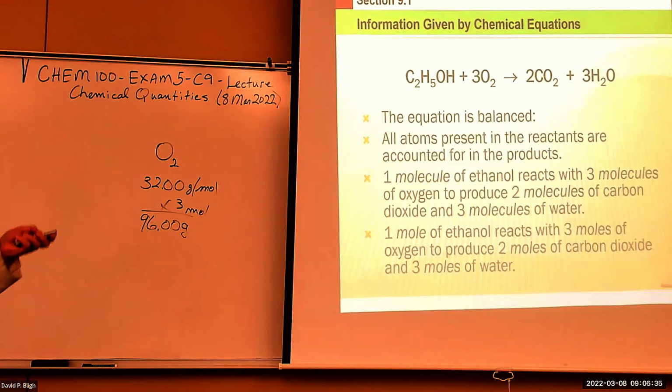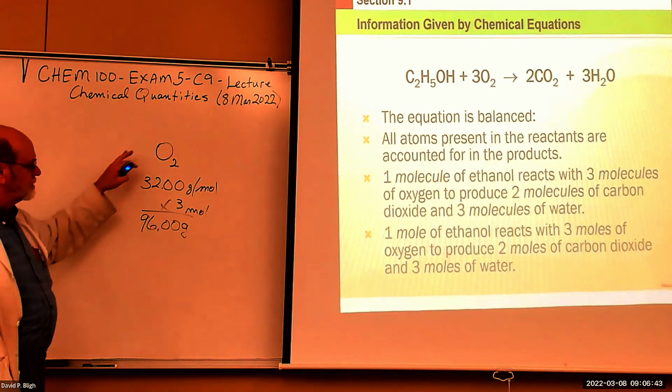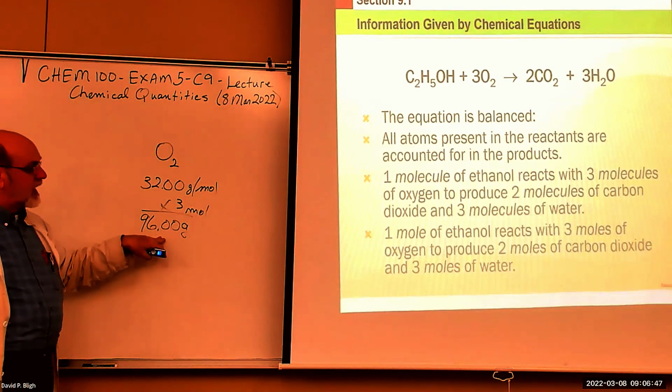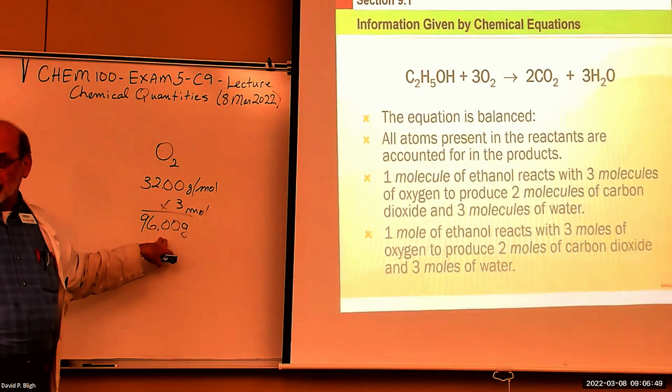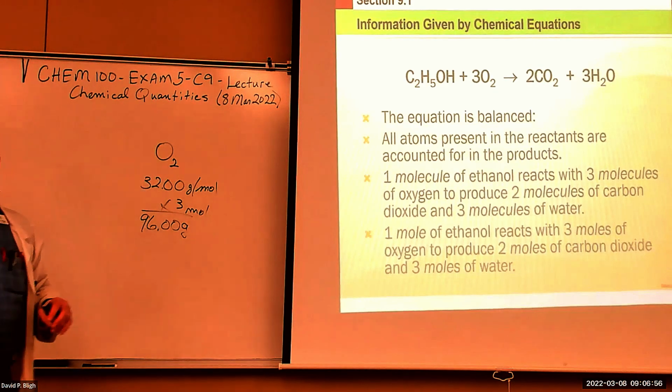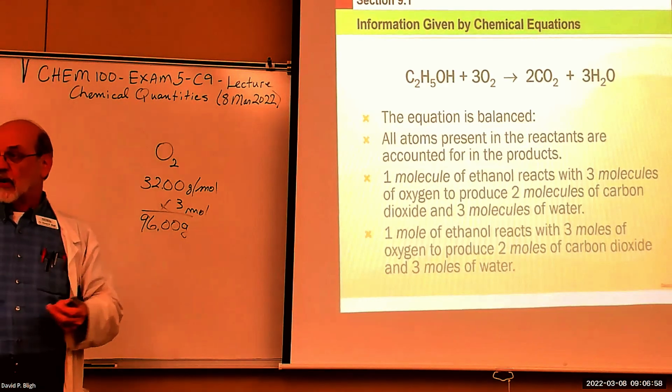If we have 1 mole of ethanol and 3 moles of oxygen react with it, then we know that we need 96 grams of oxygen to react with that 1 mole of ethanol. And we can also calculate the mass of ethanol if we have 1 mole.